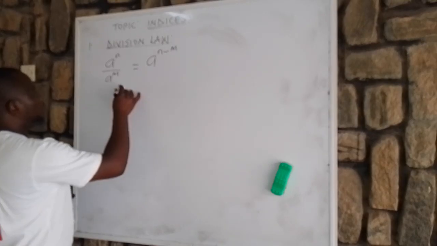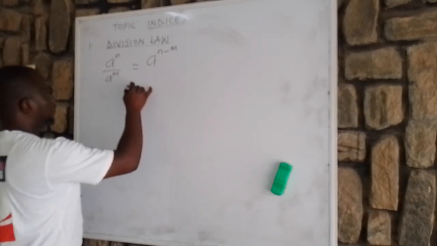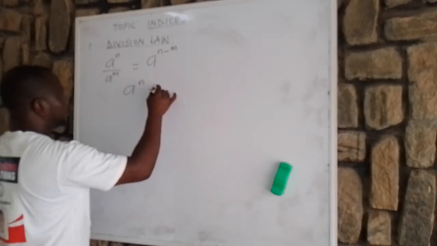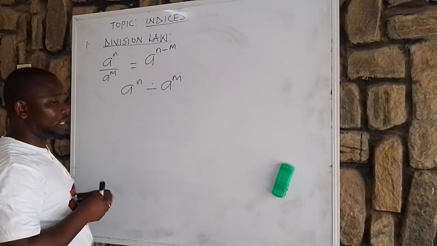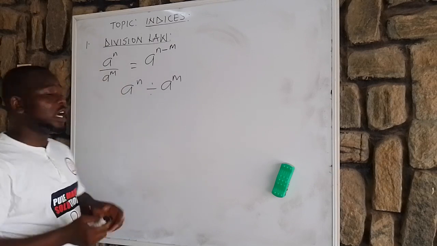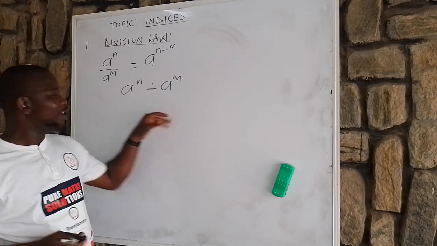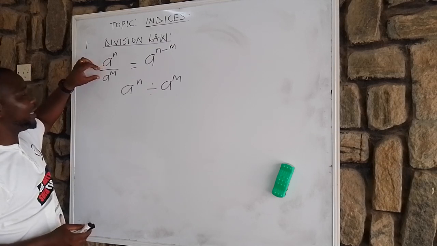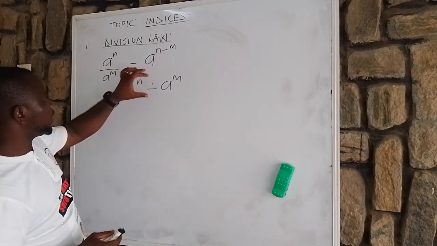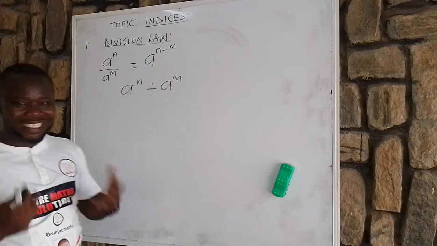But sometimes you might see it in this form: a raised to the power of n, a raised to the power of n. Some of you are very familiar with this, you know that this is division, but with this one you are kind of confused. This and this are the same thing.